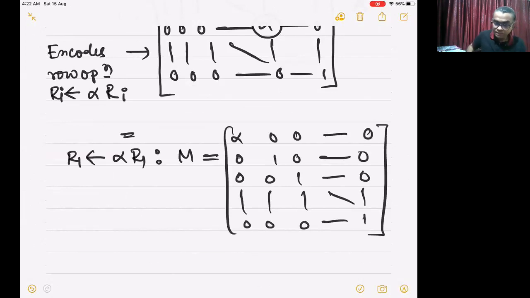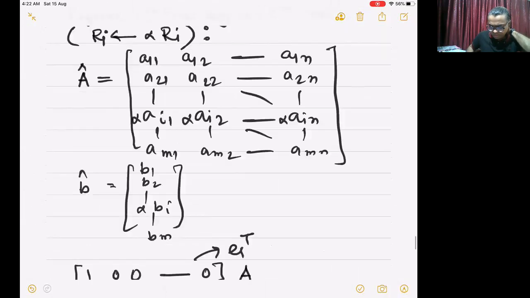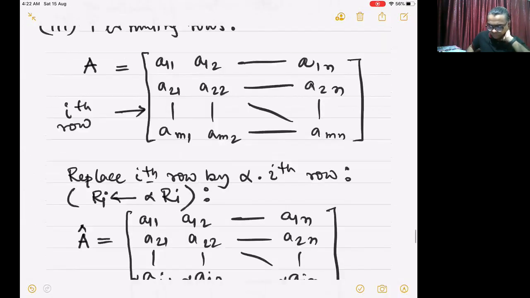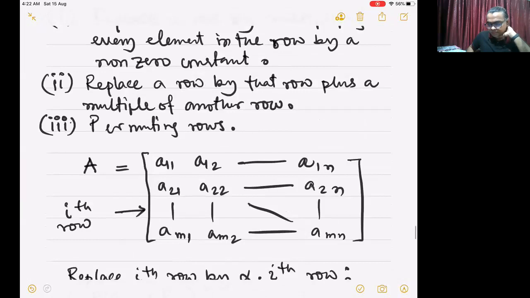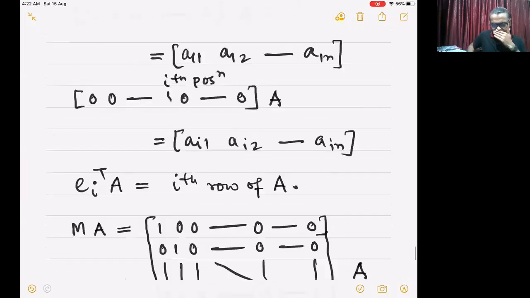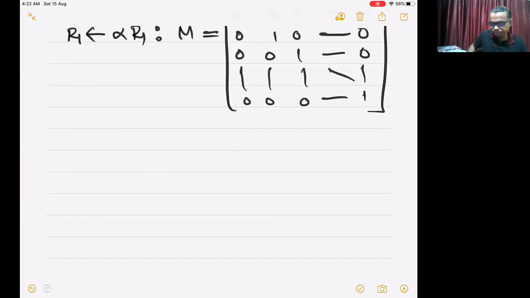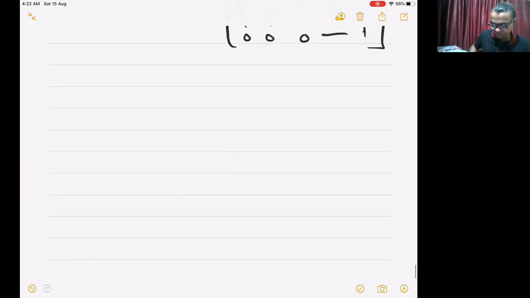Now, coming on to the second row operation. The second row operation says: replace a row by that row plus a multiple of another row. Let us try and do this for row number 1 and 2. You'll do it in general as your immediate attention problem. I will show it to you very soon.